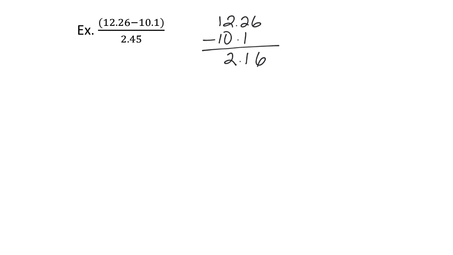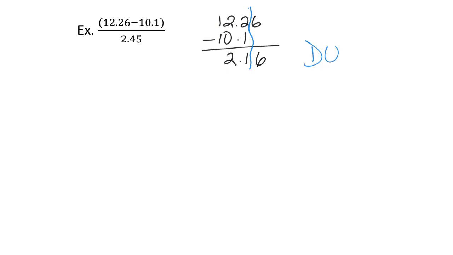But now, once again, like I was doing before, we have another step to do. If we were to just stop here, my answer would be 2.2, but we don't want to stop here. So we can't round yet.